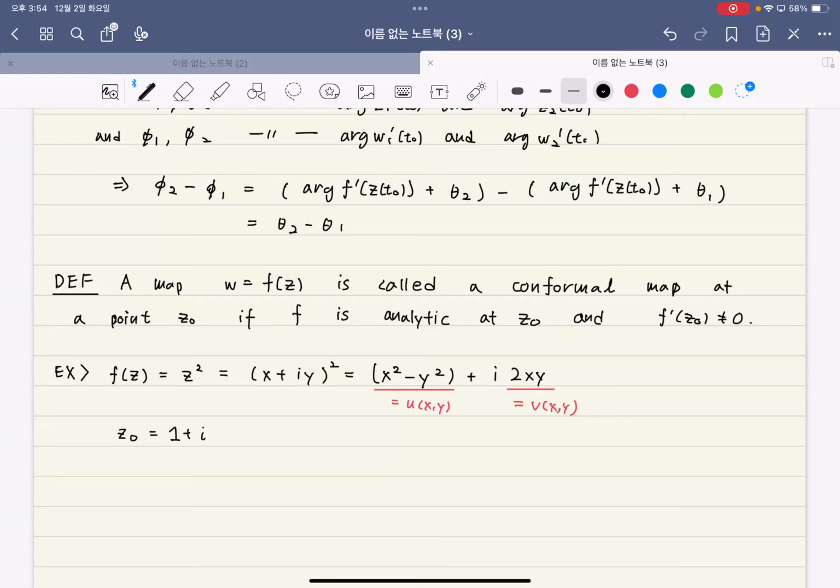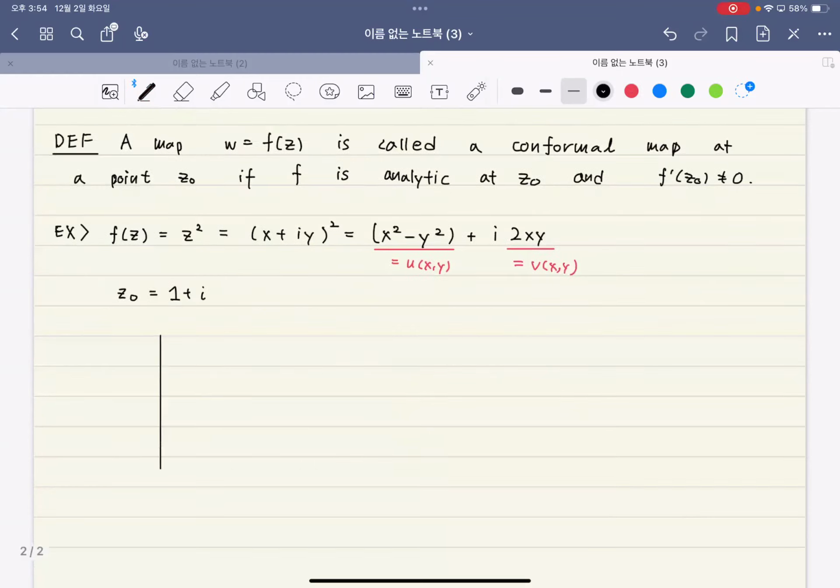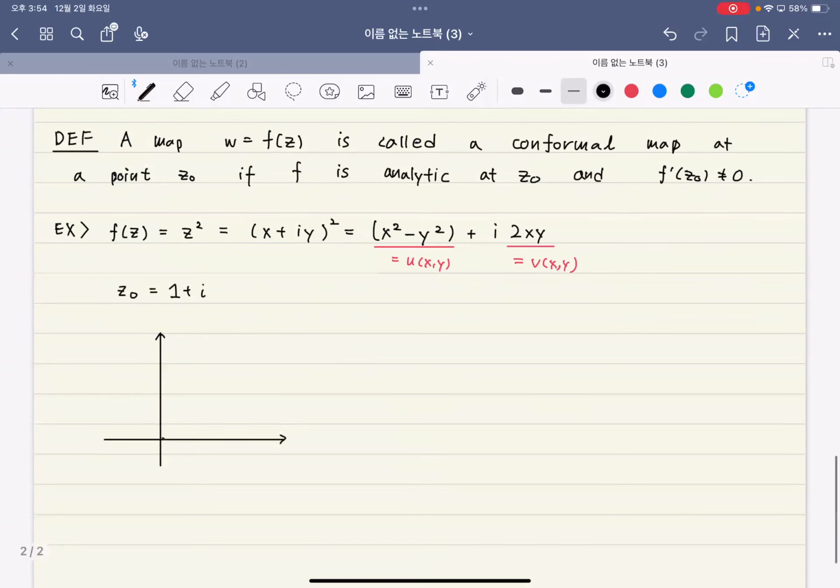In this case, my function is conformal at this point, right? Let me just consider two curves. This is my z-plane. This curve is y equals x, and for simplicity, assuming that x is non-negative.